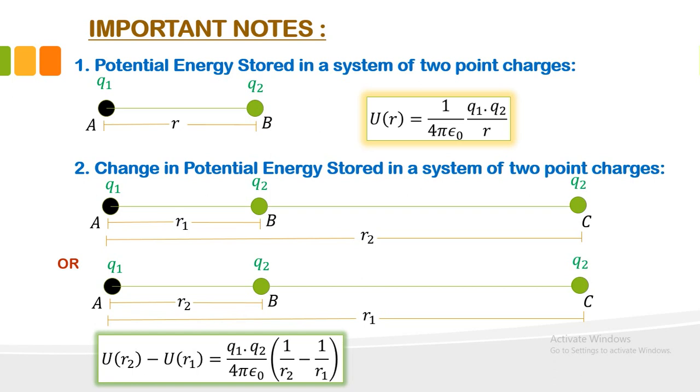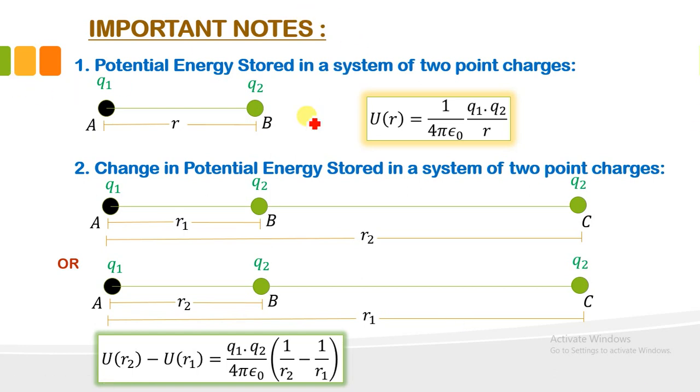The first one is potential energy stored in a system of 2 point charges.